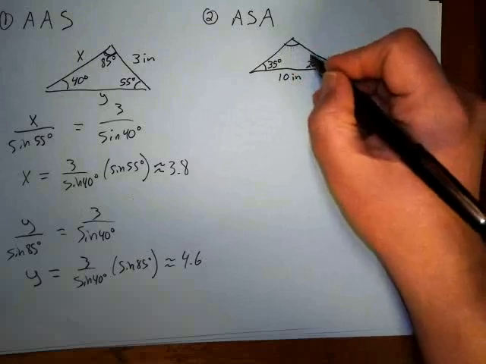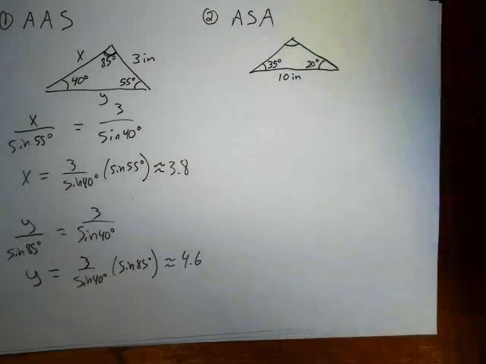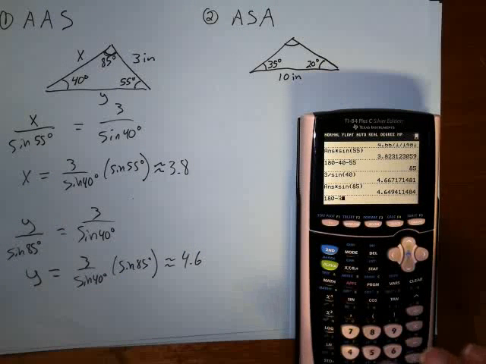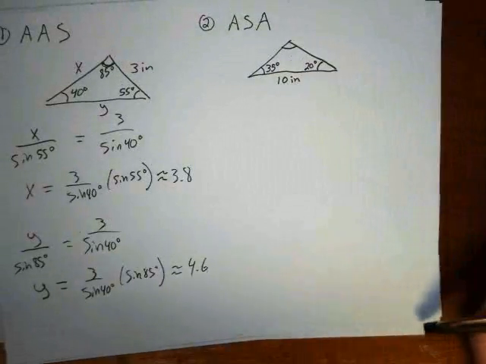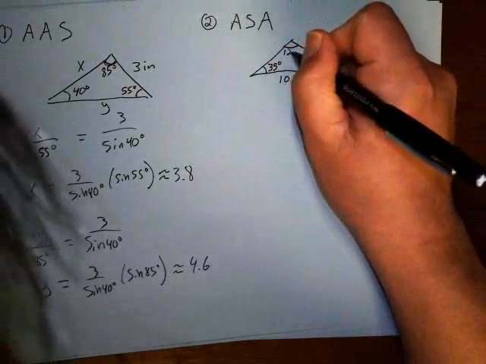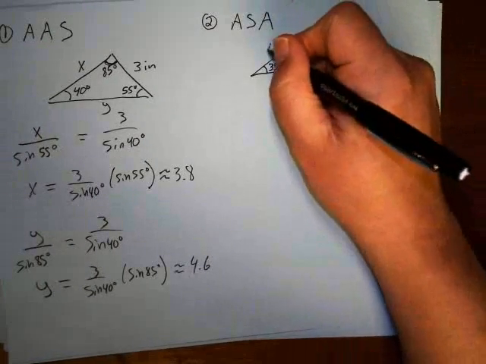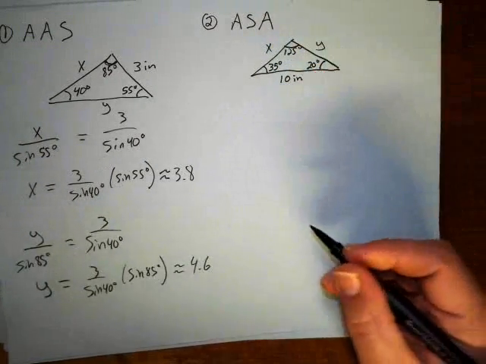And I can get that here by finding this angle. So I'm going to do 180 minus 35 minus 20, and I get 125. So this is 125 degrees. So now I got that one pair. So now I could call this x and this y if I wanted to.